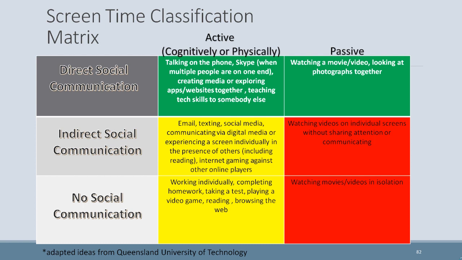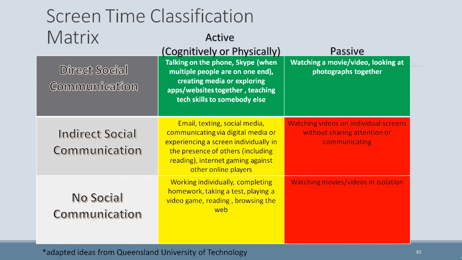This classification matrix applies to older children, children that are old enough to use a screen at school, and even the active screen time with indirect social communication or with no social communication is yellow, indicating caution, meaning there still needs to be limits here too.